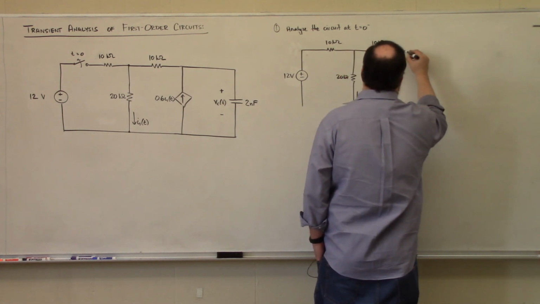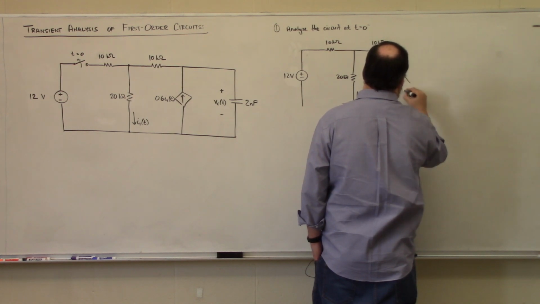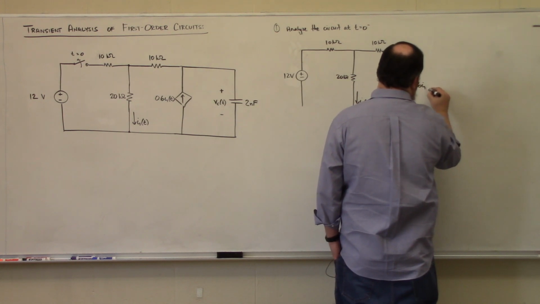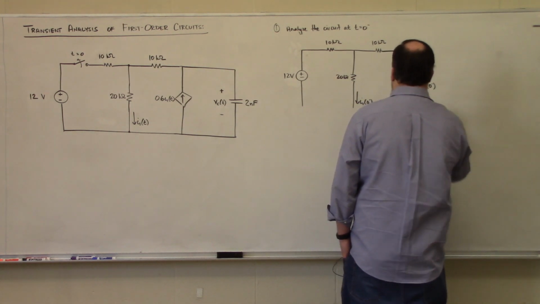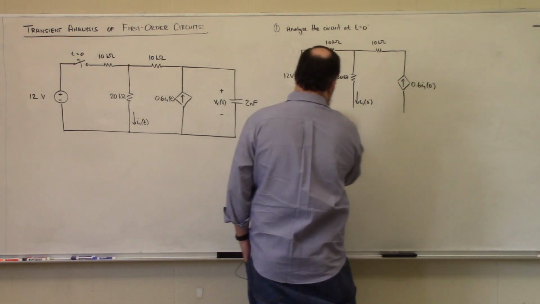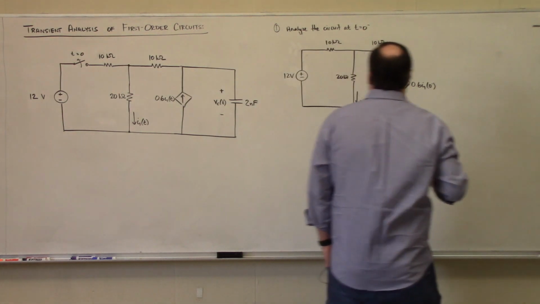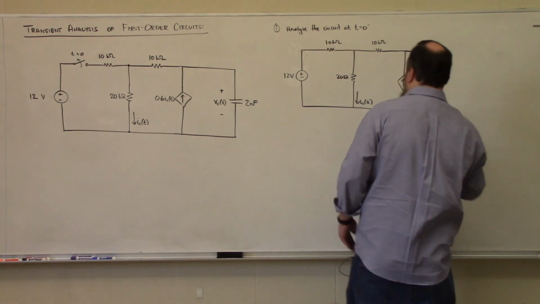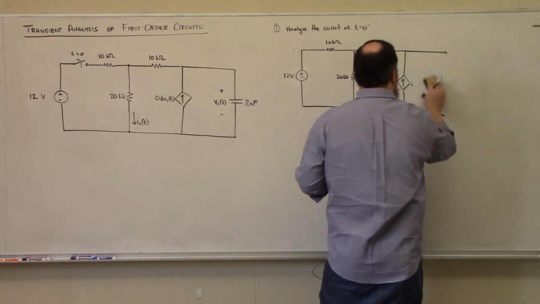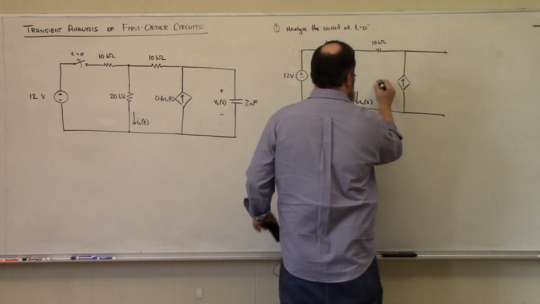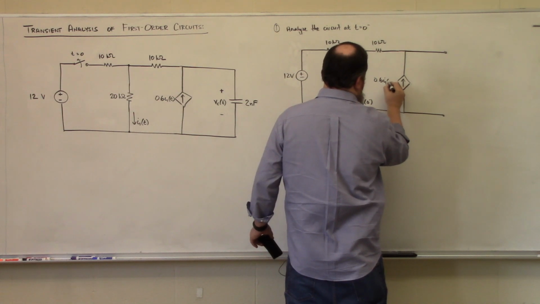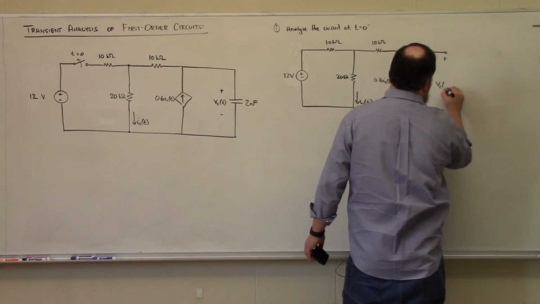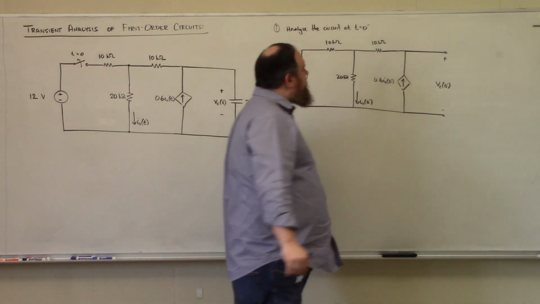We have our dependent current source, 0.6 I1 at 0 minus. Let me write that on the other side so that I'll have room. 0.6 I1 at 0 minus. And here is our capacitor voltage, VC, at 0 minus.